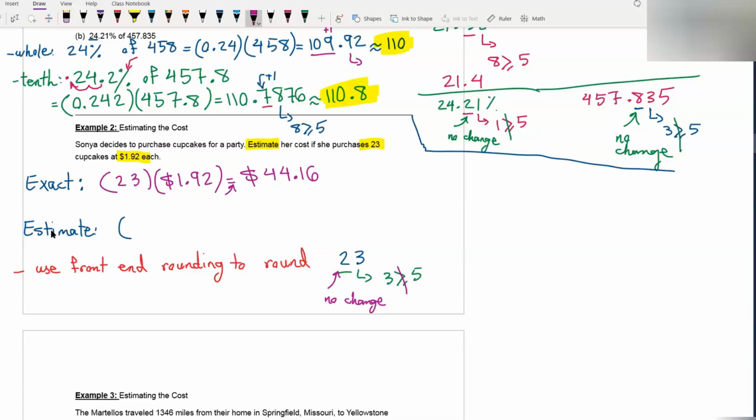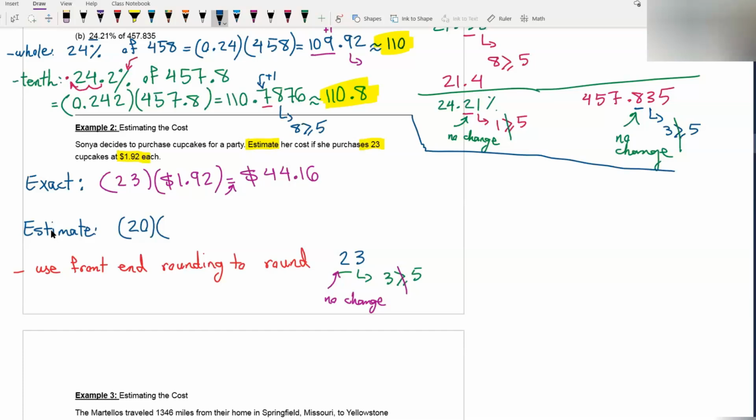And whatever you have after this 2, to the right of that one, we have to use 0. So our answer is 20. So using front-end rounding to round 23, the answer is 20.